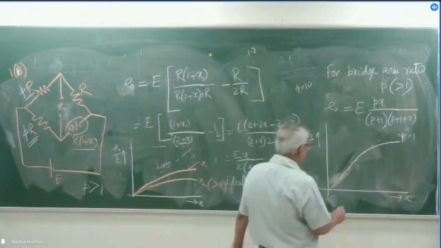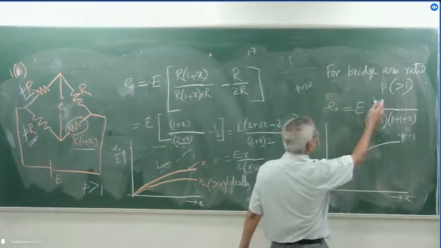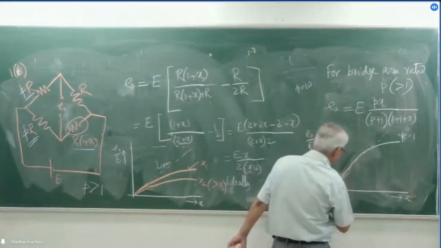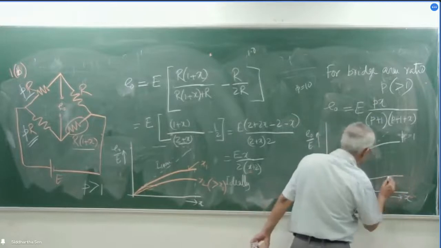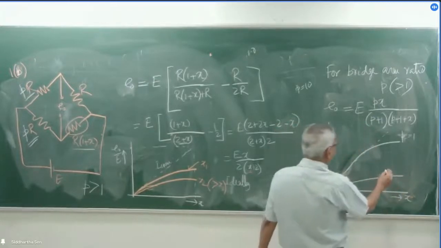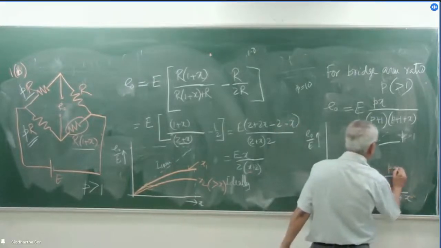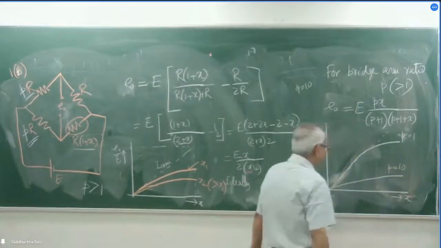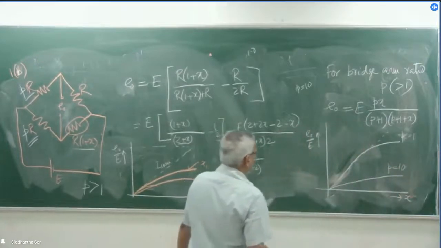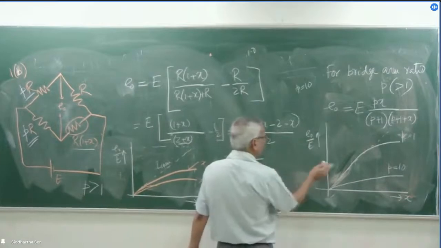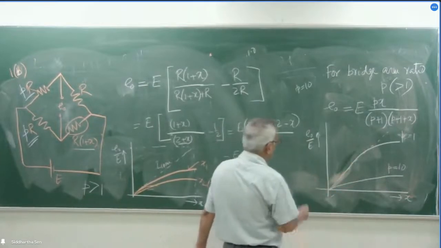But here we will get that the sensitivity will be reducing considerably, and here it is P is equal to 10. So what will happen? Sensitivity is reduced, but nonlinearity also reduces.